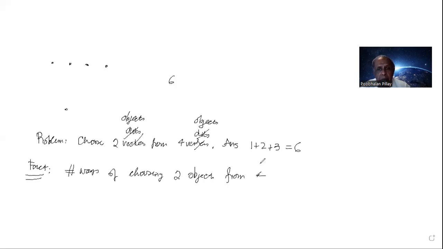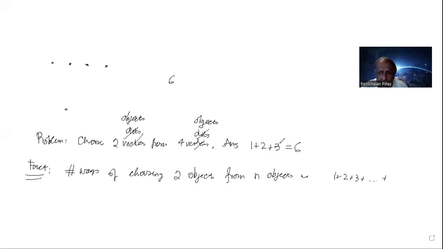Okay, the number of ways of choosing 2 objects from n objects is 1 plus 2 plus 3, and you go on.